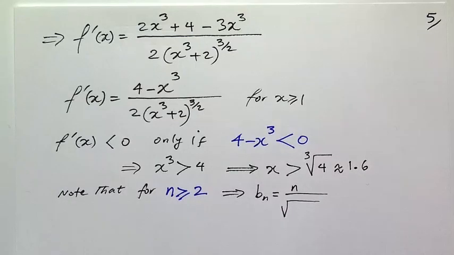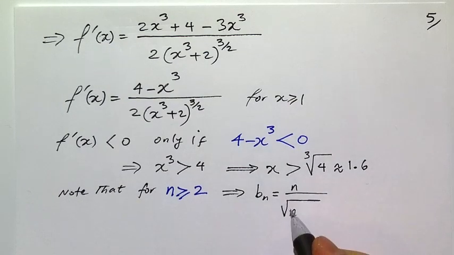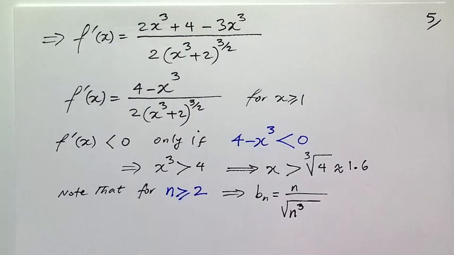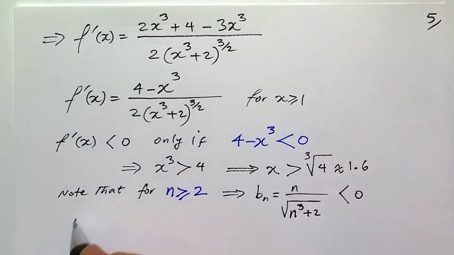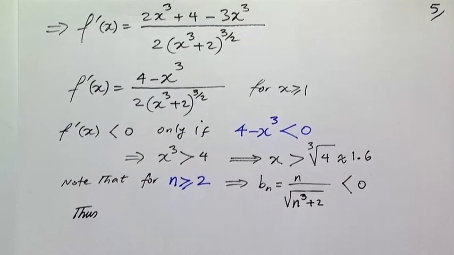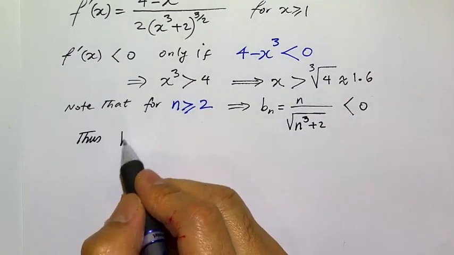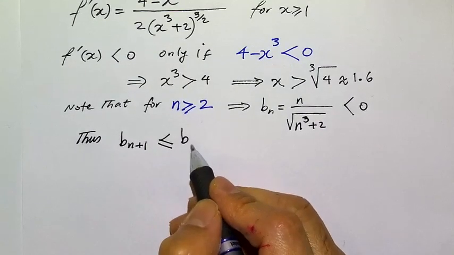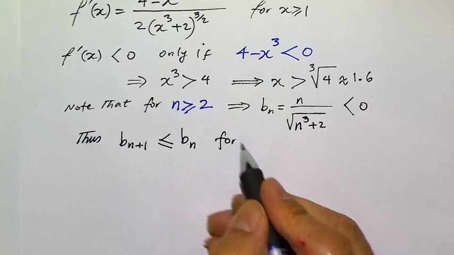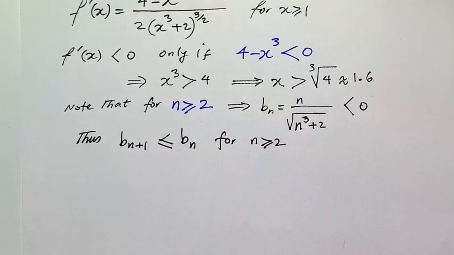Oh, my ink is running out there. So n cubed plus 2 is going to be less than 0, therefore bn plus 1 is going to be always less than bn for n greater than or equal to 2.